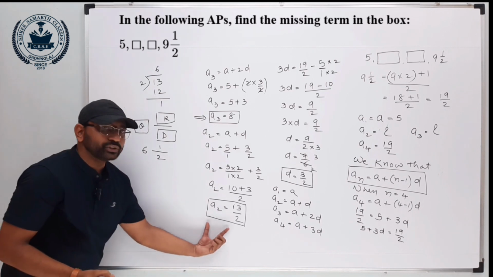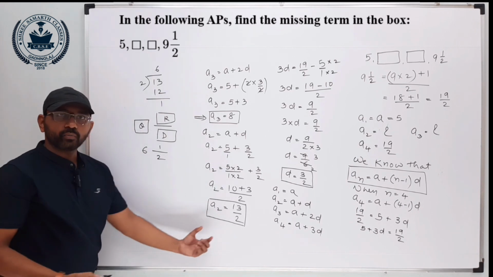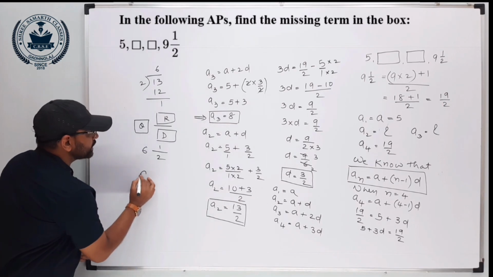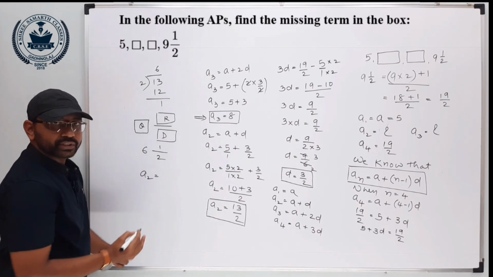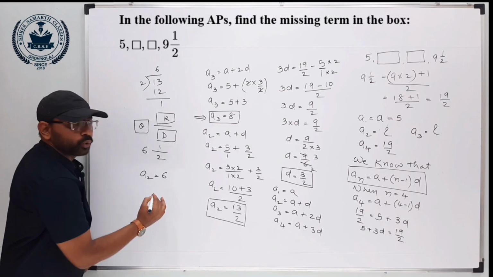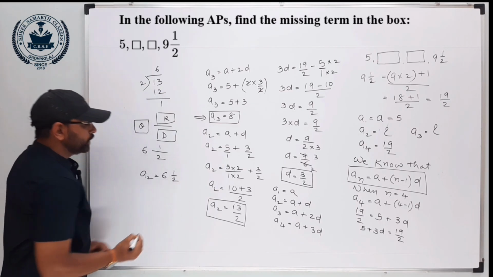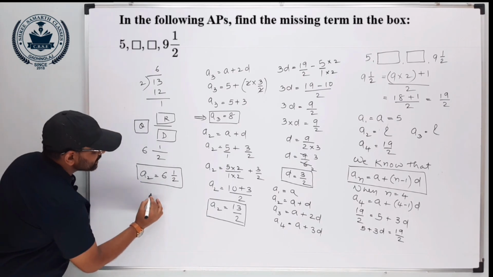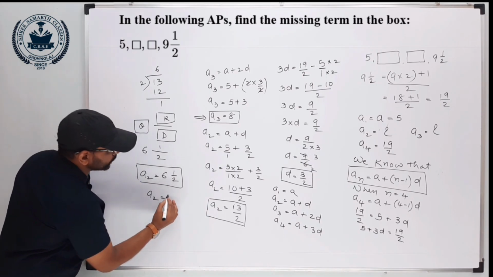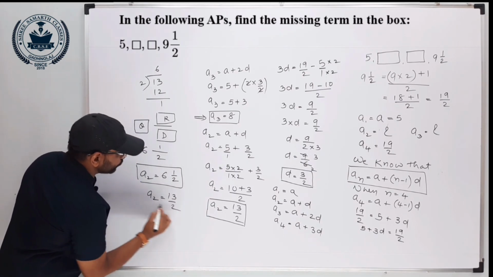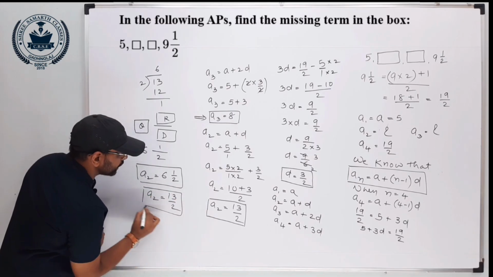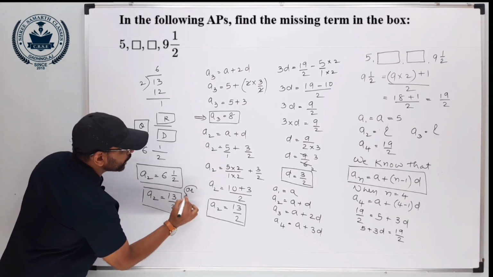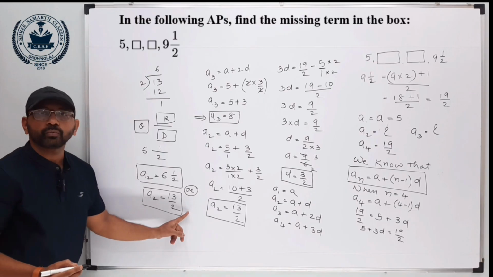So what is the answer of a2 in the form of a mixed fraction? I can write a2 as 6 whole 1 upon 2, as well as you can write a2 is equal to 13 upon 2. So anyhow you can write, either in a mixed fraction or in an improper fraction.